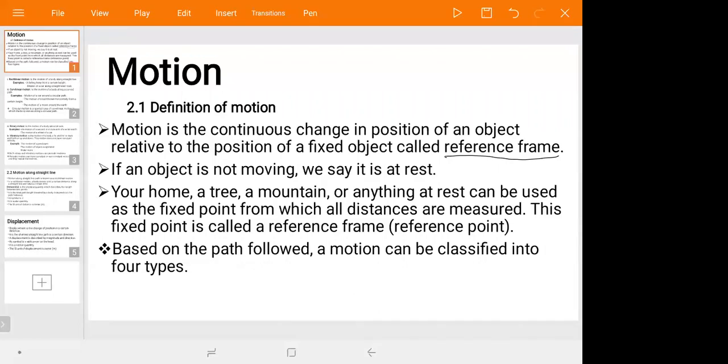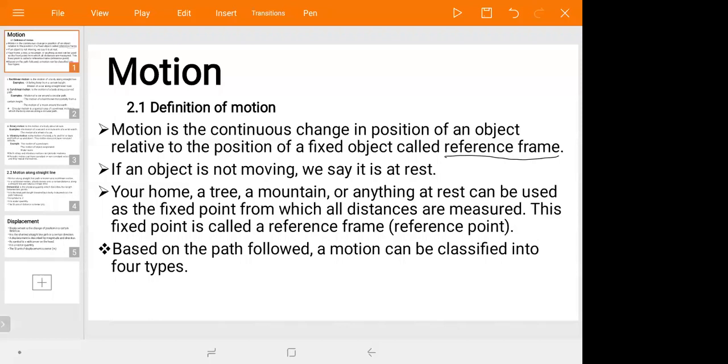Therefore, motion is a continuous change in position of an object relative to the position of a fixed object called a reference frame. Reference frame means a fixed object. Maybe it can be a home, tree, mountain, stone, or whatever which is a fixed object, you can take as a reference frame.